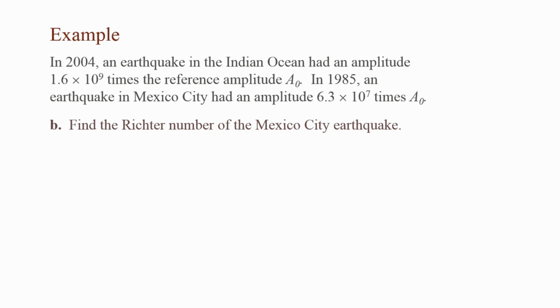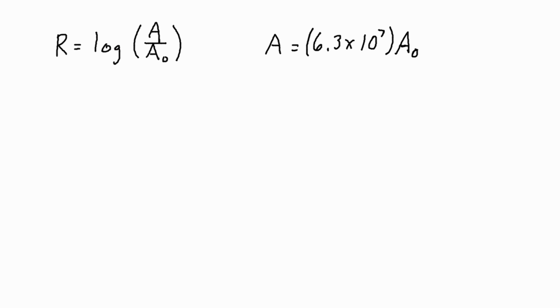Part B, find the Richter number of the Mexico City earthquake. For Mexico City, our amplitude is 6.3 times 10 to the 7th times A sub 0. So what that tells us is our amplitude is 6.3 times 10 to the 7th times A sub 0. So we're looking for R again, and in this case we know that A is equal to 6.3 times 10 to the 7th times A sub 0.